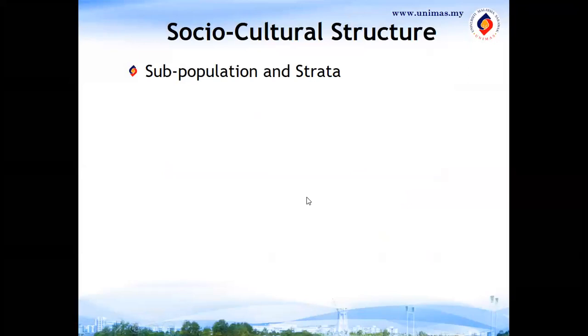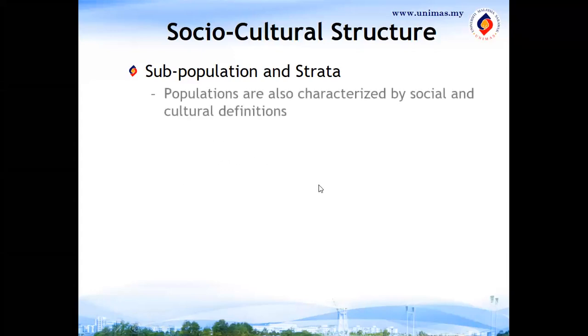Last but not least, remember I was telling you earlier on that the most common form of population structure adalah merujuk kepada sex and gender. But other than that, we also have structure, for example, in terms of social cultural structure of the population, right? So in a way it represents a subpopulation and also strata.